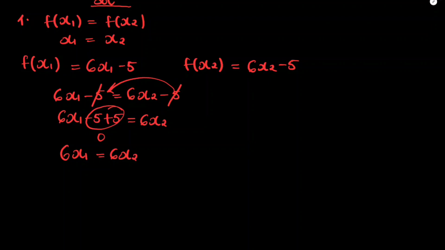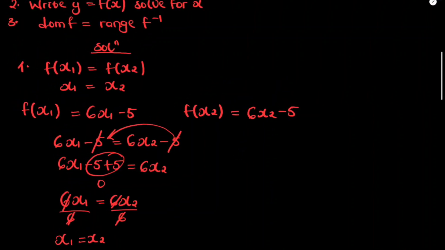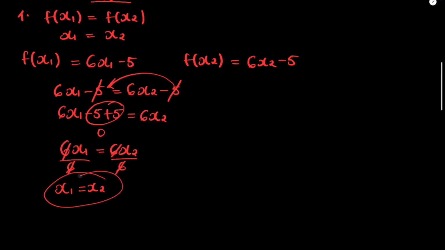Now we can divide both sides by 6 and it will cancel. So we will be left with x1 equal to x2. Now that we have proven that f of x is injective, we can go ahead and find the inverse.